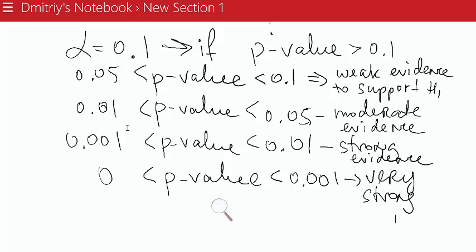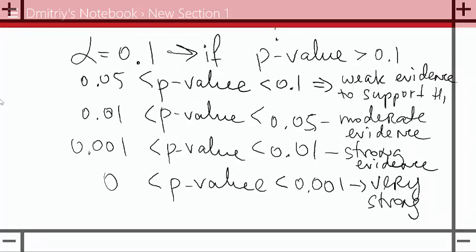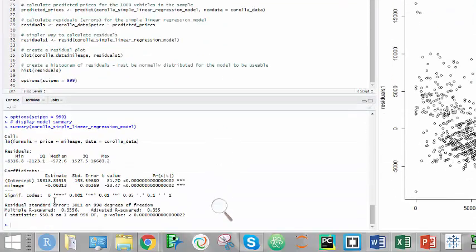Okay, cool. So I'm going to go back to my output from the model, right here, and let me show you something. Do you see at the very bottom of your summary, there are significance codes. You see this line? That's a significance code, right? So the first one is right here.